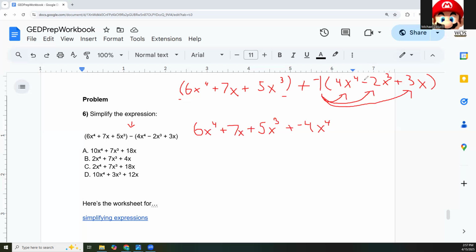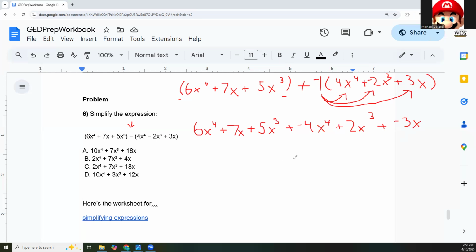Well, it's a -2, but there's a subtraction sign here. So just to keep my accounting in order, I'm going to think of this as adding the negative. So now I am multiplying the -1 by a -2. And a negative times a negative is a positive. And then last but not least, I'm going to multiply the -1 by the positive 3x. And I'm going to end up with a -3x.